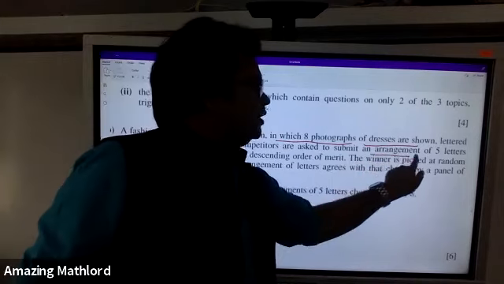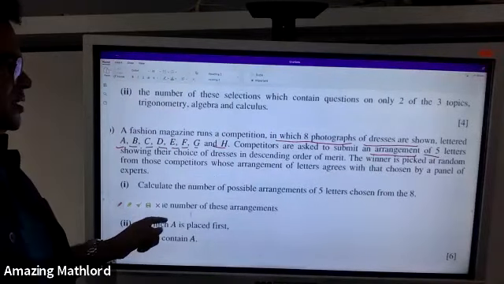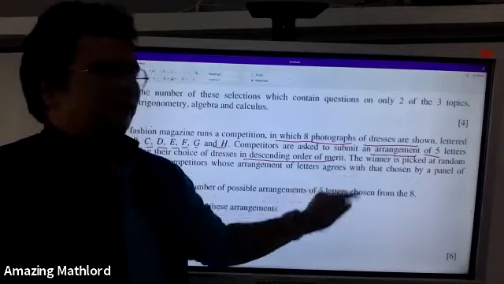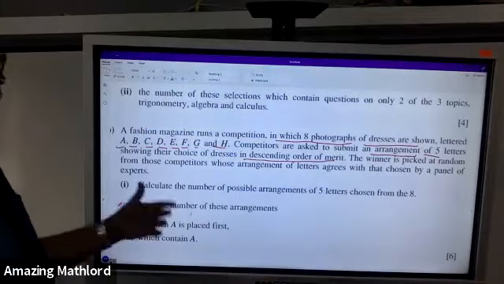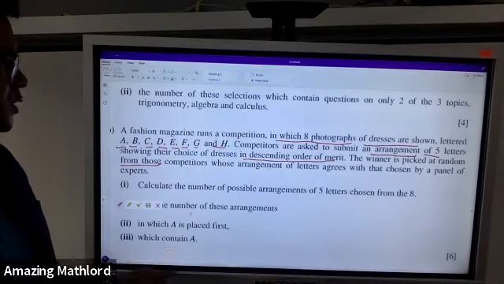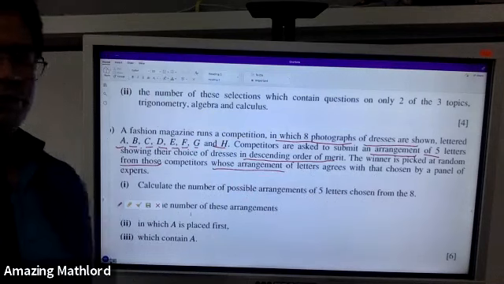The word arrangement is important, showing the choices in descending order of merit. So here the order has become important, and the winner is picked at random from those competitors whose arrangements agree with the one chosen by the panel.